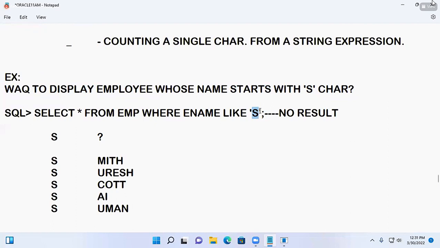Yes or no? Selected character S is okay. So that was given directly, representing S. But a remaining group of characters are there now. These remaining group of characters I want to represent with what? With the percentile. Understand now? Yes or no?